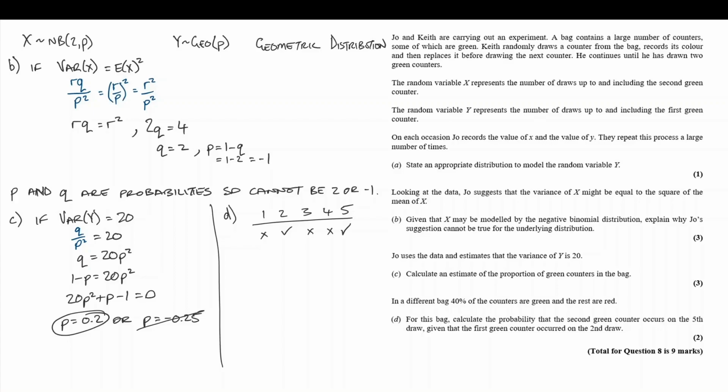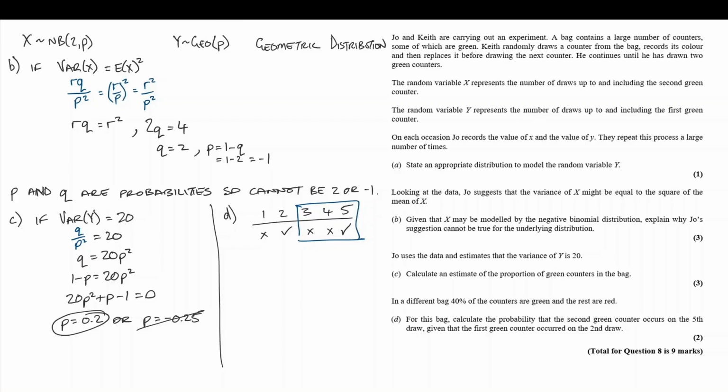So here's the 5 attempts and what the outcomes are. Now, this is a given question. So given that the first green counter occurs on the 2nd draw, well, we know that's what happened. We're no longer interested in the first two draws. We know that those things really happened.